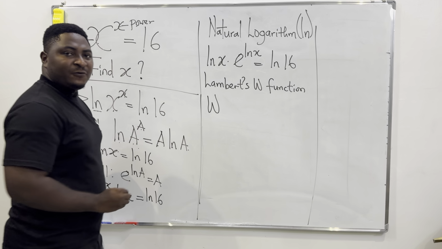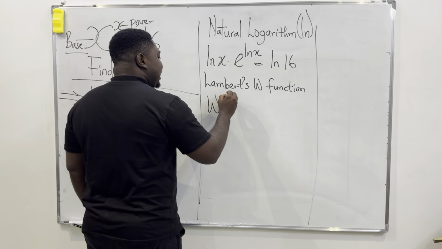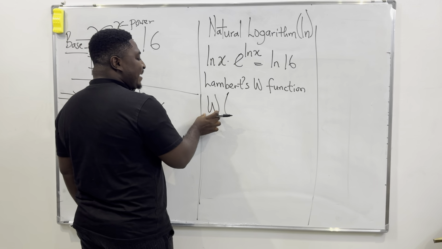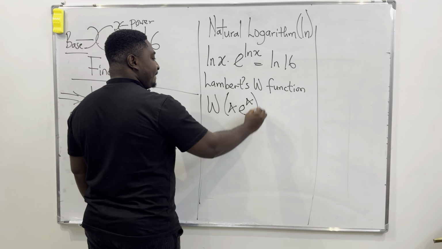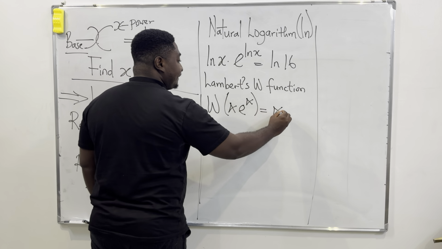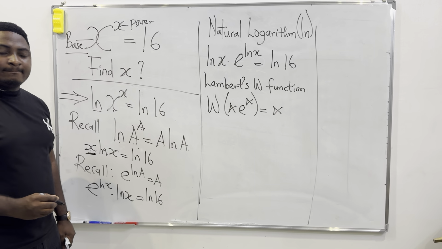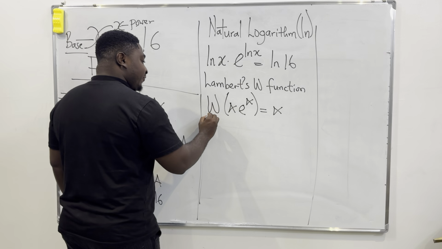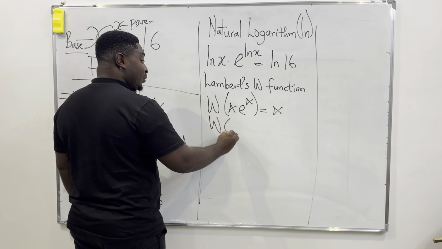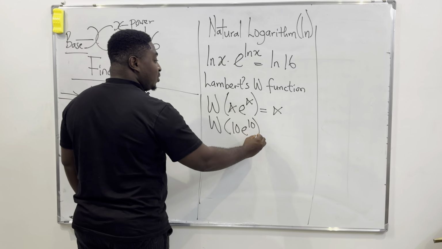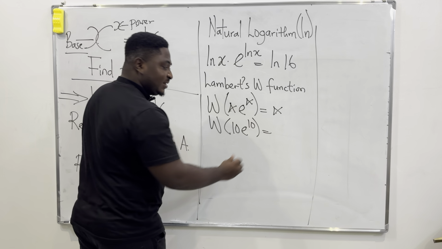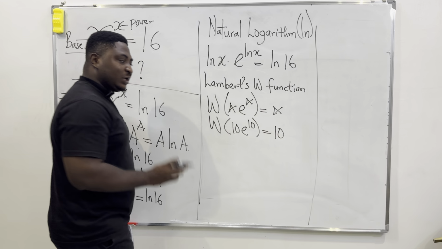According to the Lambert's W function, anytime we have a Lambert's W of a product of alpha times exponential raised to the power alpha, our final answer is alpha. Another example: if alpha was to be 10, 10 times exponential raised to the power of 10, what will be our final answer? 10.